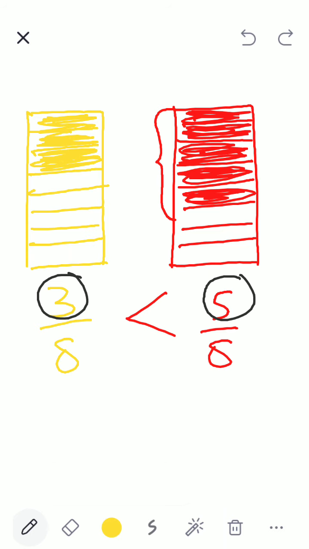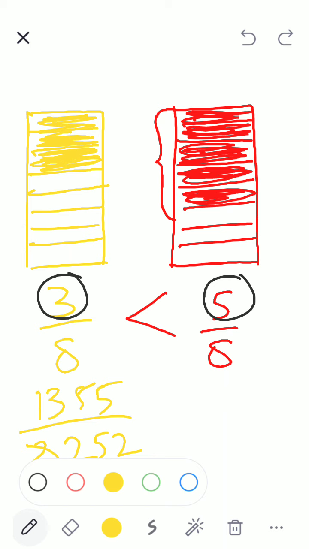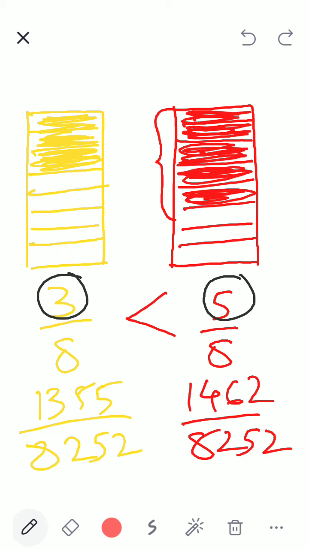So even if I have big fractions, say 1355 by 8252 and 8462 by 8252, straight away I can make out which is bigger. So fraction comparison becomes very easy. Moment the denominator is the same, look at the numerator and decide which is bigger or smaller, whether you want to arrange in ascending order or descending order, depending on the question. Simple. Clear? Okay.